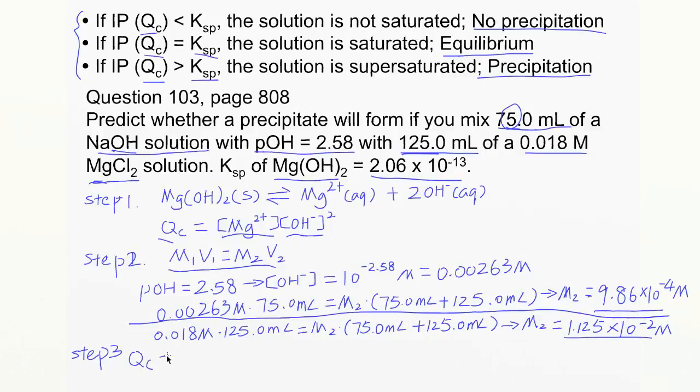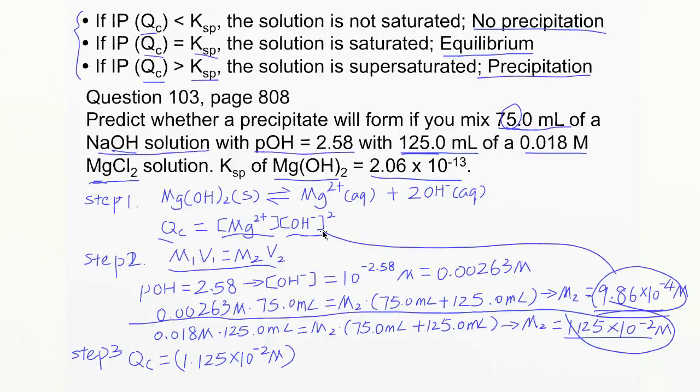So QC equals the concentration of the magnesium, 1.125 times 10 to the negative 2 mole per liter, times the hydroxide concentration, 9.86 times 10 to the negative 4 mole per liter, to the square. Don't forget about the square. And that equals 1.1 times 10 to the negative 8.